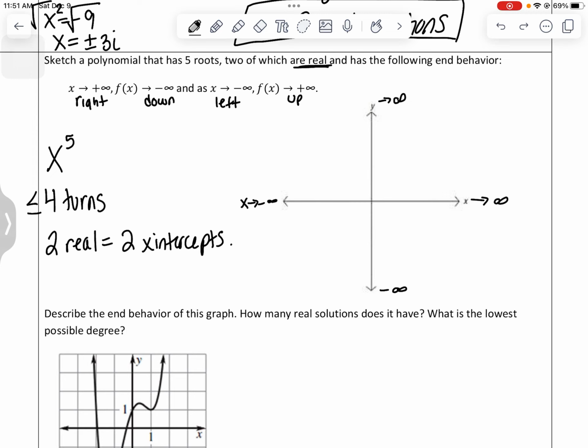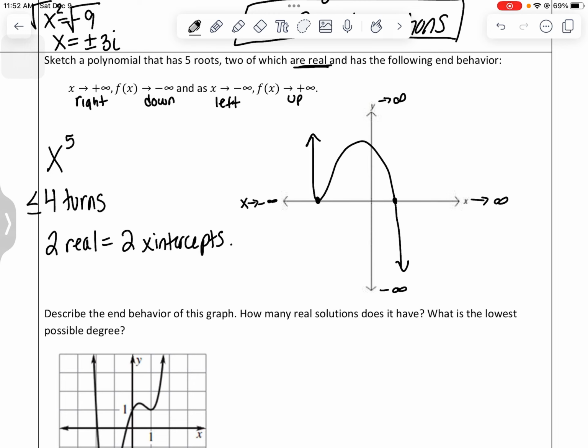Okay, so going to have to... 2, 3, 4. How could I make this cross twice? Let's see. Maybe like that. So 1, 2. And you could have more turns, but it got a little tricky there. So I don't know if I could make it work otherwise.